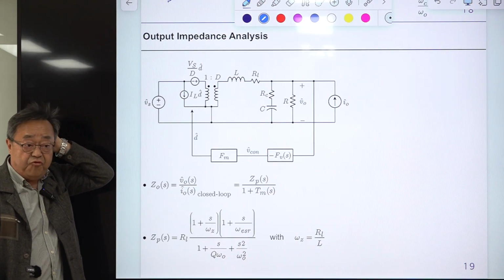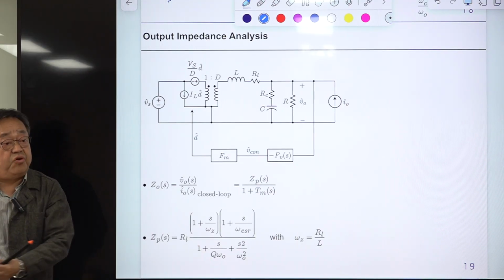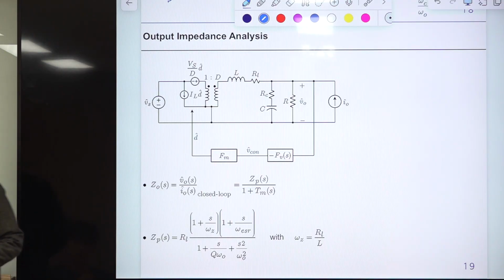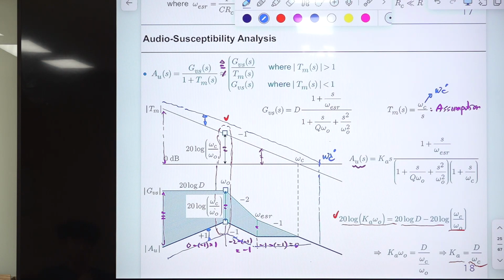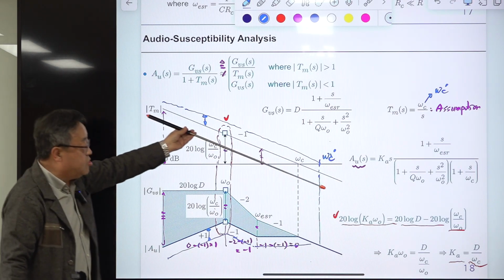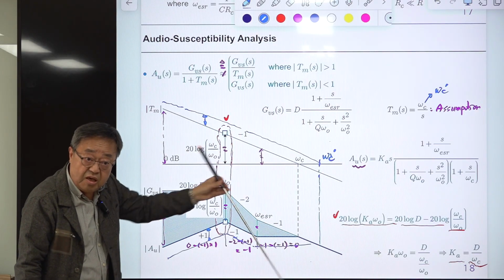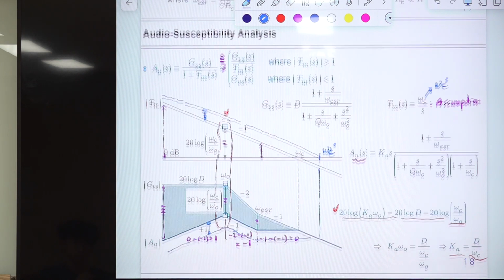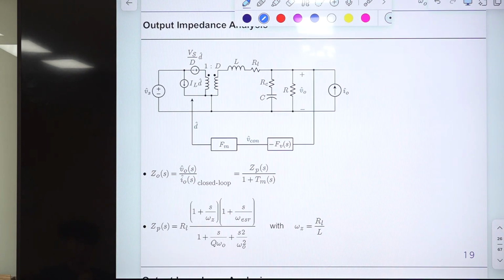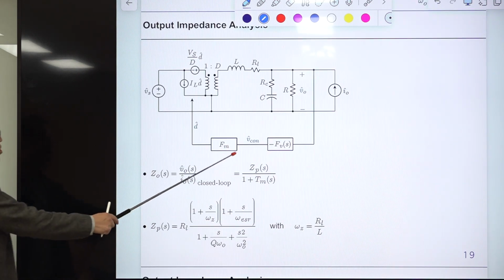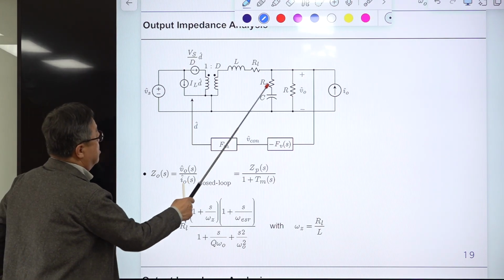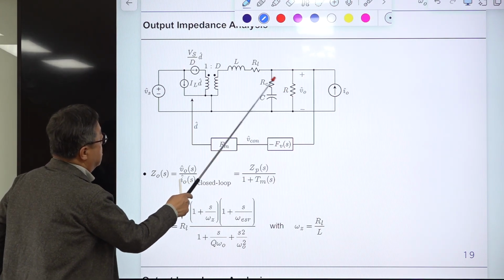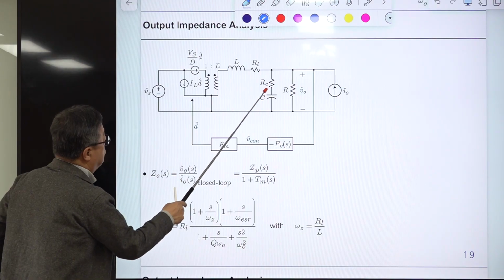Loop gain at high frequency is declining to negative infinity because, as shown here, usually loop gain has this structure. So at this high frequency, this value becomes very small. So effectively, that is out of the picture. Then what you are seeing, regardless of the presence of this, is this one in parallel with this one. Then that is very similar to this one.